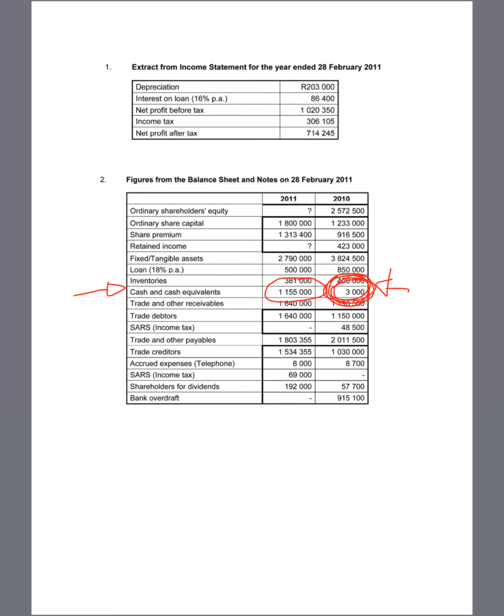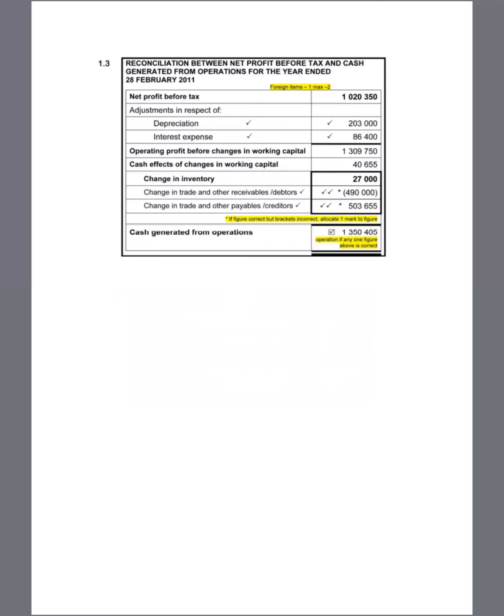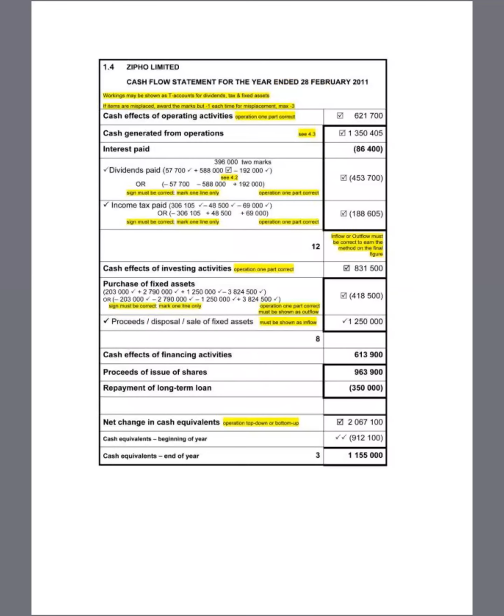Do you understand? There's no way the beginning is going to be 3,000. So I'm going to assume that I have my end. I take that amount, the 1,155,000, and I put it as my cash equivalent at the end of the year.